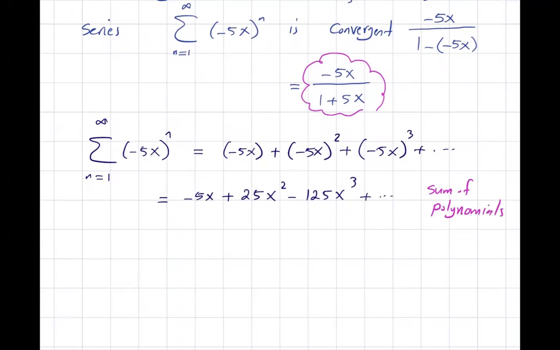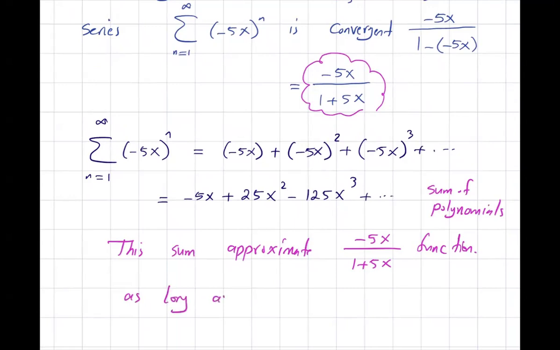This sum approximates negative 5x divided by 1 plus 5x, which is a rational function, as long as my absolute value of x is less than a fifth, or x is between negative a fifth and 1/5.